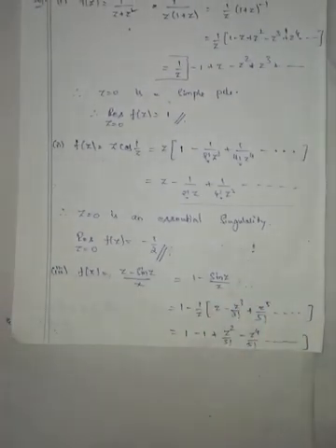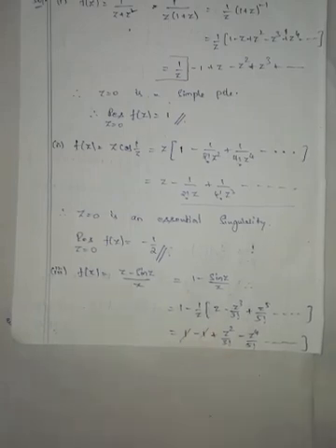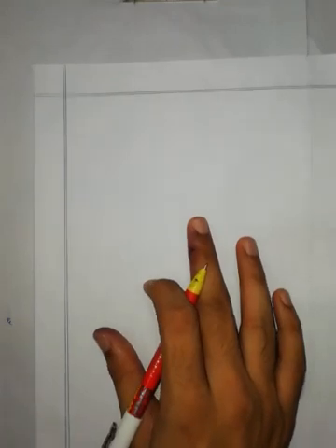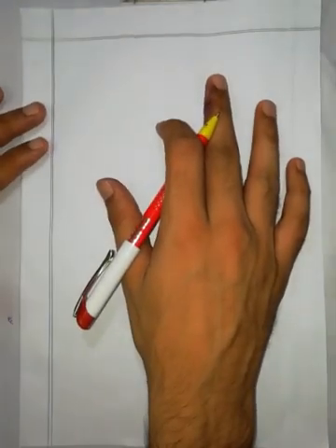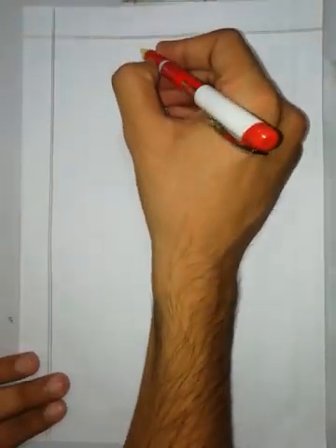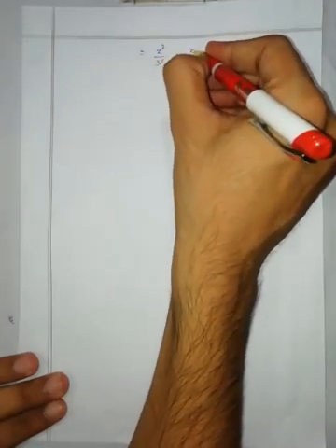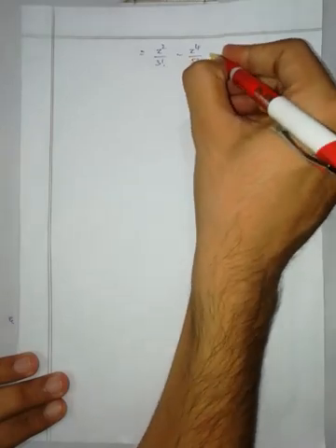Plus 1 minus 1 both get cancelled, and what you will get here is z square by 3 factorial minus z power 4 by 5 factorial plus so on.